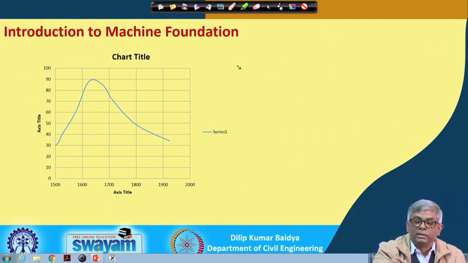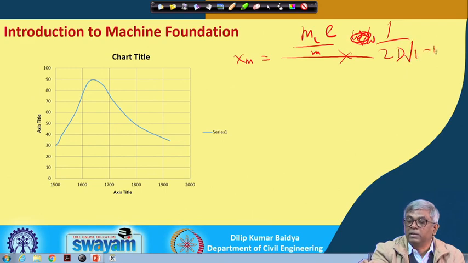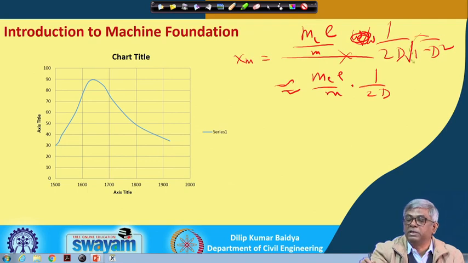We know that Xm equals m e into e over m, omega over omega n, multiplied by 1 by 2 d under root 1 minus d square, or it can be written as m e into e over m multiplied by 1 by 2 d, approximately if d is small.